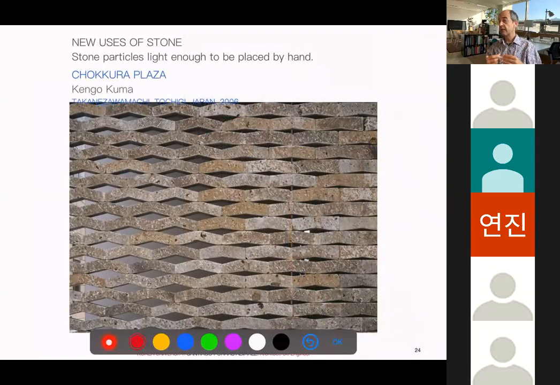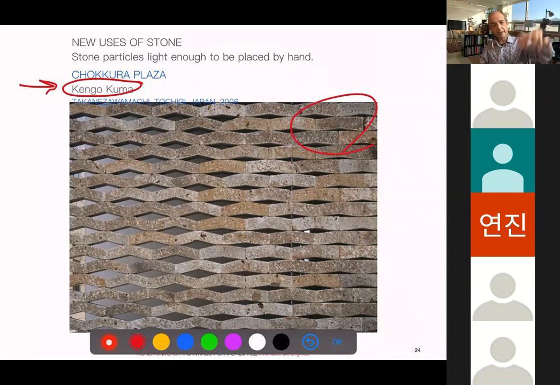But in recent years, we have architects trying to make new uses. And one of them is Kengo Kuma, right? Quite popular, my Sombe in Tokyo University. And for example, he does a lot of research, of experiment with stones of a size which are light as brick.